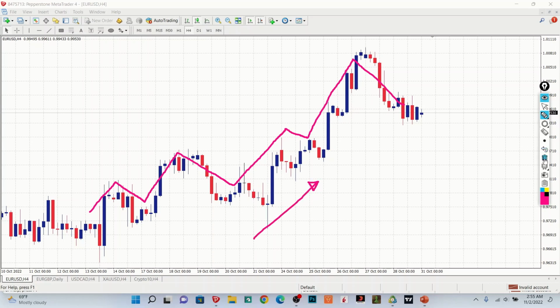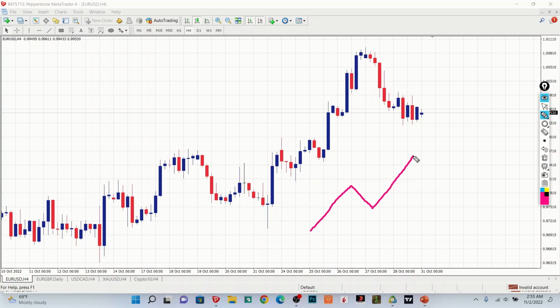We have said that the Fibonacci retracement tool, we use it to pick the retracements of the market. So this is a retracement of the market. The market swings high, retraces, swings high, retraces, swings high, and then retraces, and then it swings high. So we use the Fibonacci retracement tool to pick these retracements.